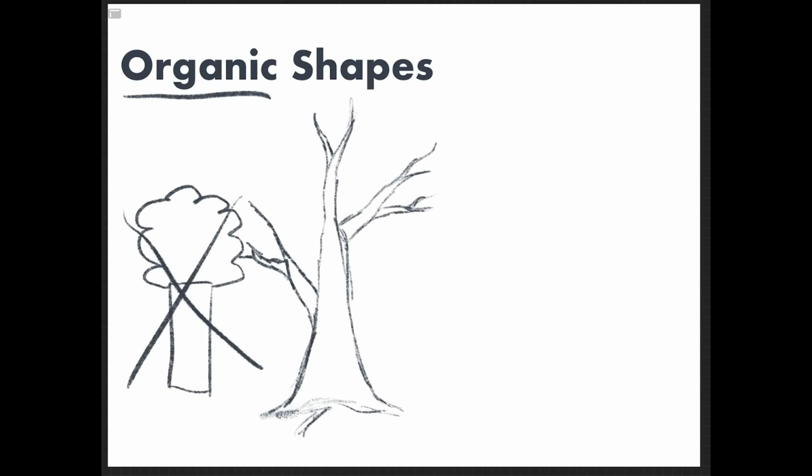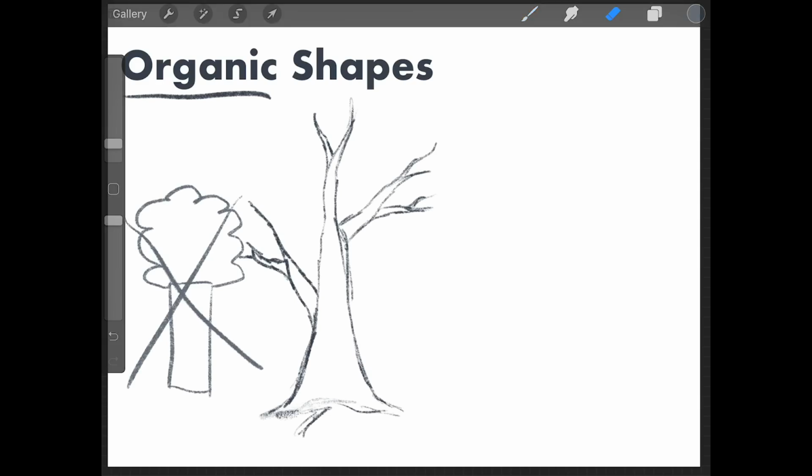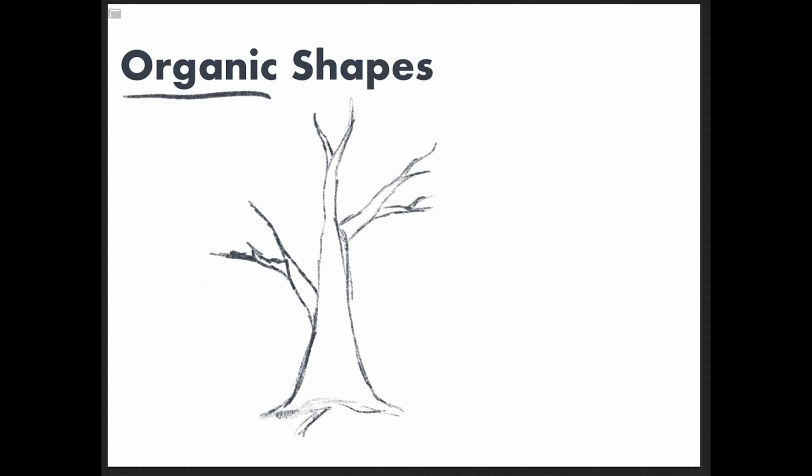And I'm going to erase my ugly tree so that I have room here to keep going. Notice that each branch kind of goes off on its own. There's just layers of branches, and I could just keep on going. I could keep drawing branches for like an hour here and just make more and more and more.